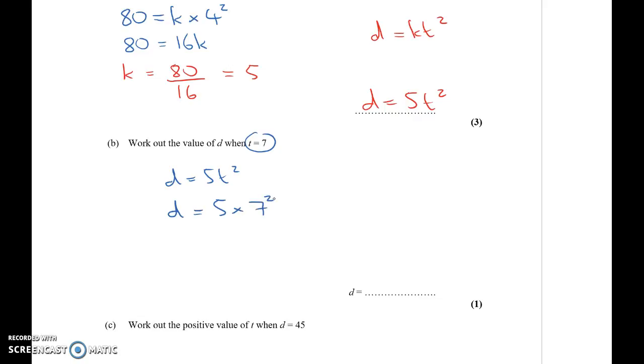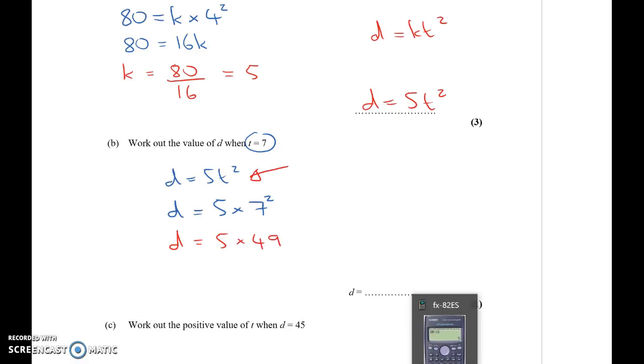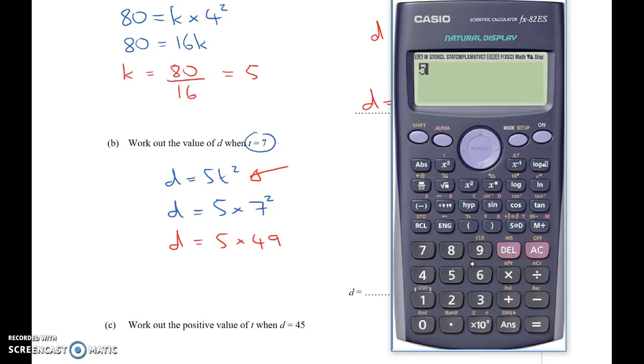We're not going to put D equals 5 times 7, because our formula tells us D is equal to 5 times whatever t is, squared. So we want D equals 5 times 7 squared. That gives us D is equal to 5 times 49. Half of 490, that's 245.